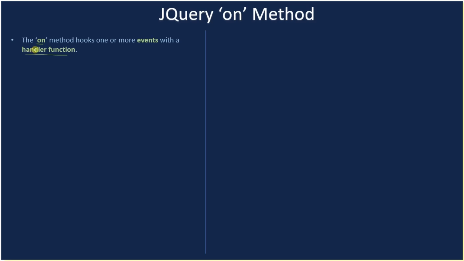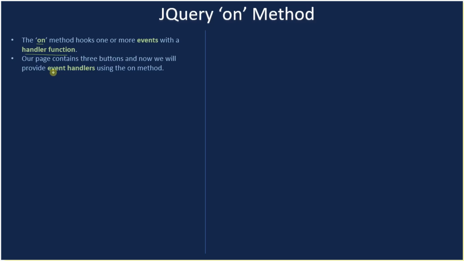In our example, we have 3 push buttons, and we will see how we can hook the click event of these push buttons with a specific handler function. Our page contains 3 buttons, and now we will provide event handlers using the on method.